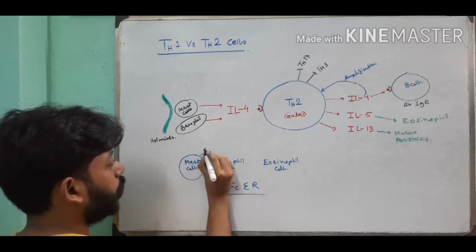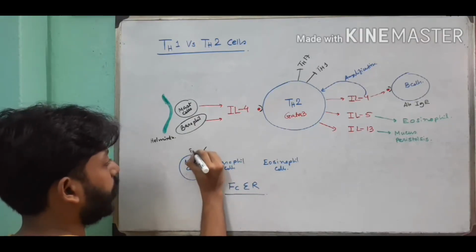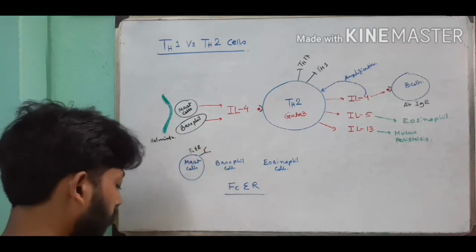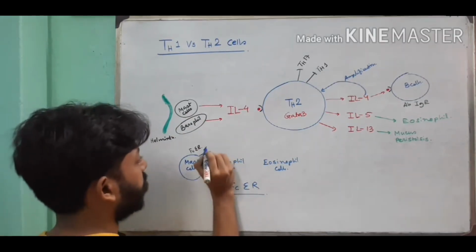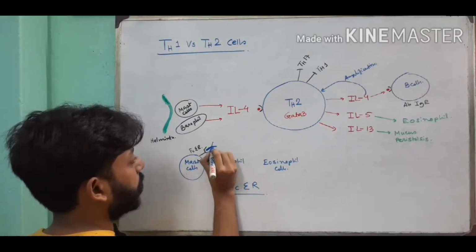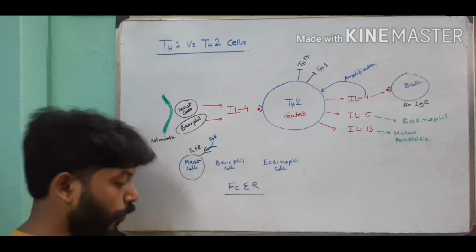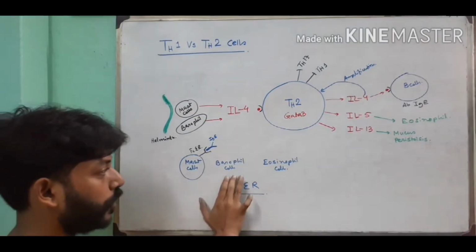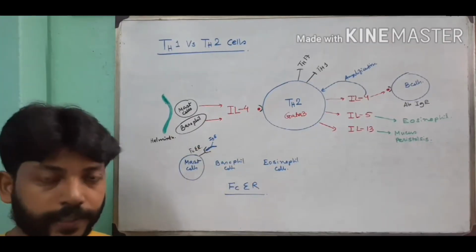Let's assume it looks like this, Fc epsilon R. This can bind with the Fc region of the Ig antibody. What happens when these 3 cells, mast cell, basophil and eosinophil, bind with this IgE antibody?